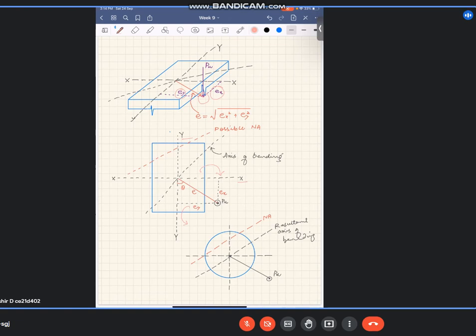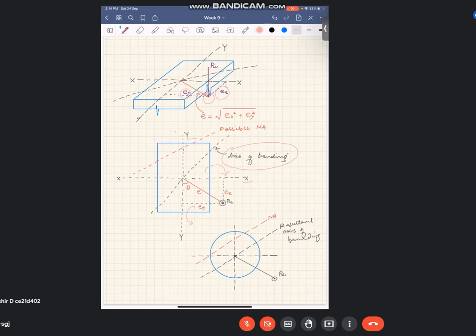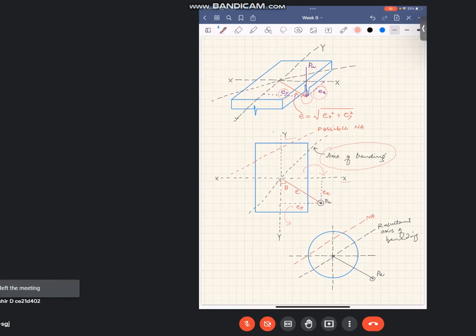It is now bending along a different direction. I have shown the axis of bending here, due to which, if the moments MUX and MUY are so high, possibly the whole column section up to this point comes under compression. You have seen in flexure as well, if the bending makes the column bend like this, this side will be in compression and this side will be in tension.